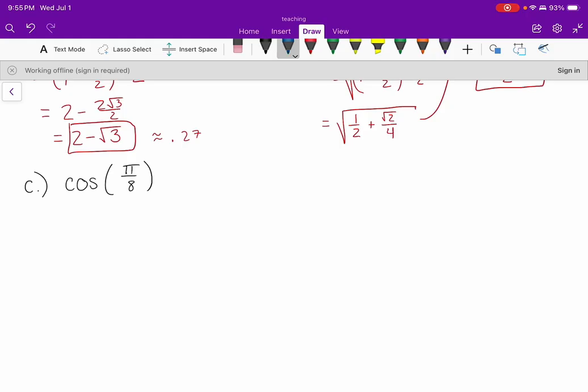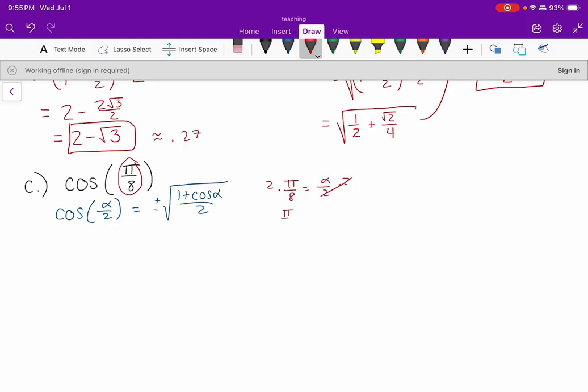So I'm trying to apply my identity. So my identity is cosine alpha over 2 equals plus or minus square root of (1 plus cosine alpha) over 2. I need my alpha over 2 to equal the pi over 8. So I'm looking for my alpha, whatever I divide by 2 that equals pi over 8. So pi over 8 equals alpha over 2. Multiply by that 2.